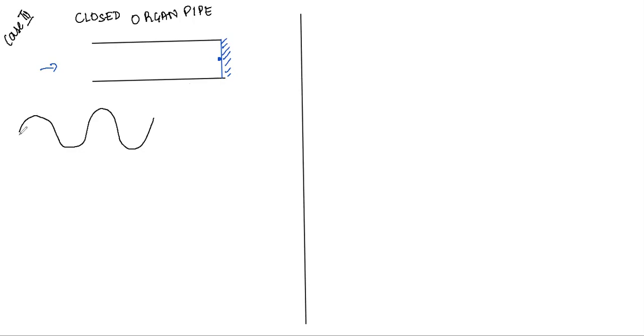Now, next part of it. We have drawn a standing wave. Always at a closed end, what should be formed? Atul, at a closed end, a node should be formed. Anukriti, what should be formed at an open end? Antinode. Very good.